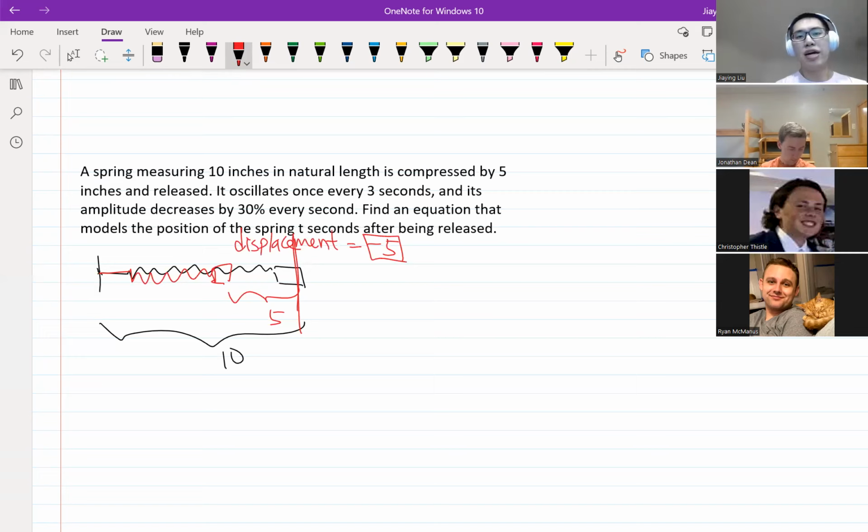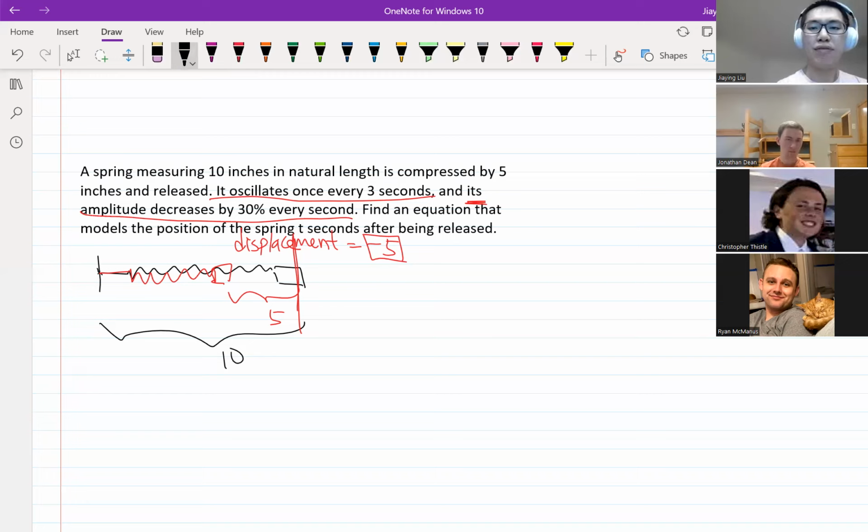And it oscillates every 3 seconds. So that's the period. And its amplitude decreases by 30% every second. So the amplitude here is not a constant. It changes, decreasing by 30% every second. We want a final equation that models the position of the spring t seconds after it's released.